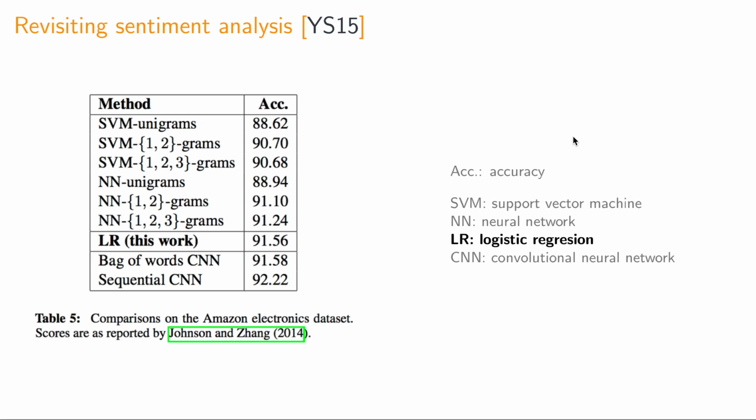So for example, this logistic regression model was performing slightly better than the neural network that was using 1, 2, and 3 grams for representations, and was doing slightly worse than a convolutional neural network using a bag-of-words representation.